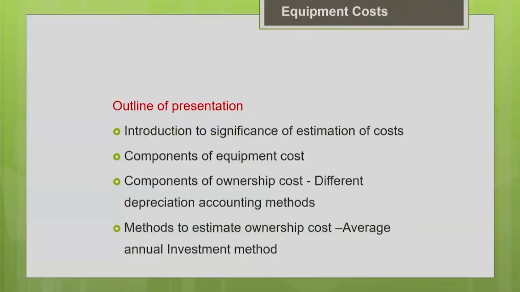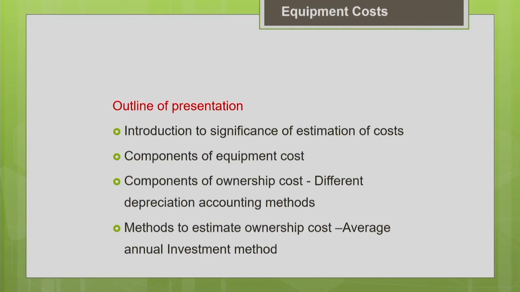Okay. So we have discussed so far how to estimate the depreciation using different accounting methods, and we have compared the depreciation values achieved using 3 different methods, that is straight line method, sum of the years digit method, and double declining balance method. And we even compared the book values.